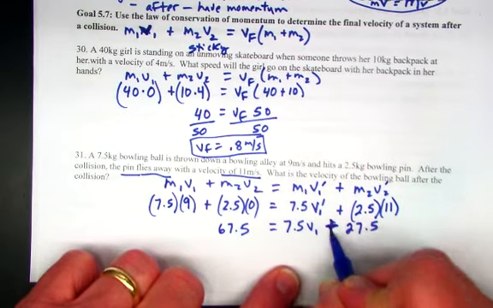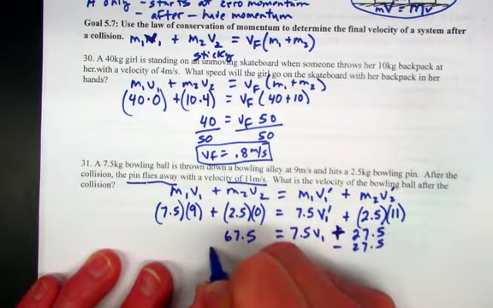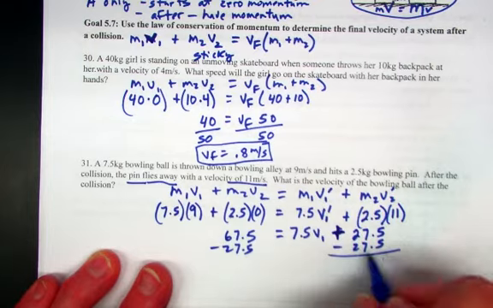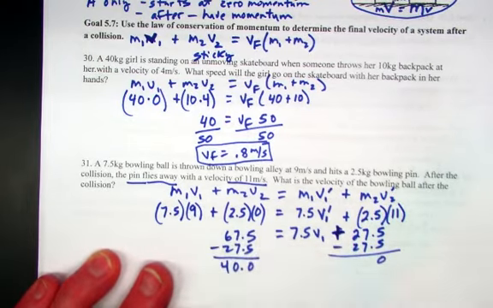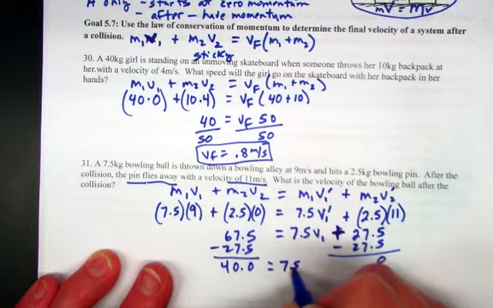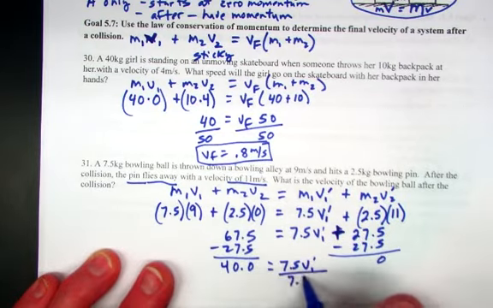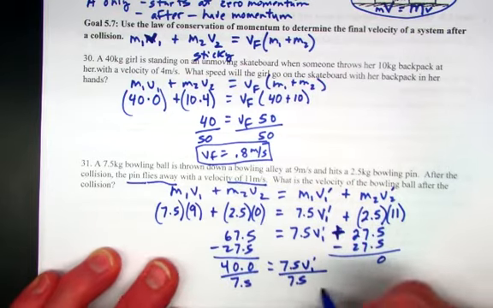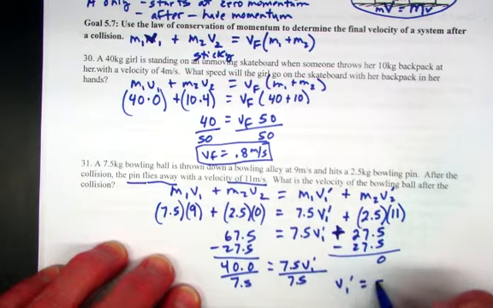Since this is being added, the next algebra step is to subtract it from both sides. When I do that, it disappears over here. This becomes 0, and we get 40. So 40 equals 7.5 times my unknown. I'm going to divide by 7.5. 40 divided by 7.5 turns out to be 5.3. So the new speed of the bowling ball would be 5.3 meters per second.